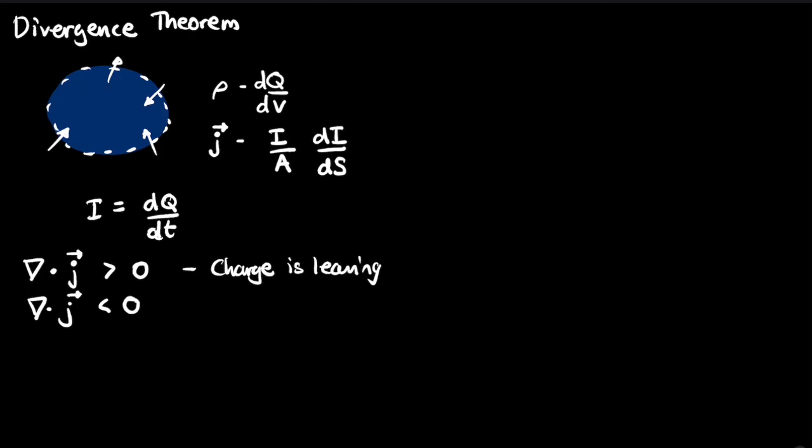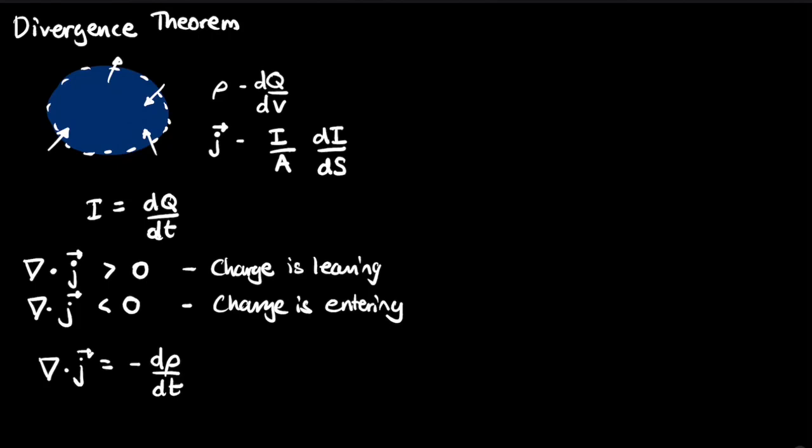You're going to probably come across it quite a lot in physics, and it's called the continuity equation. So what can we say about the divergence of J? Well, we can say that the divergence of J is equal to minus d rho by dt.